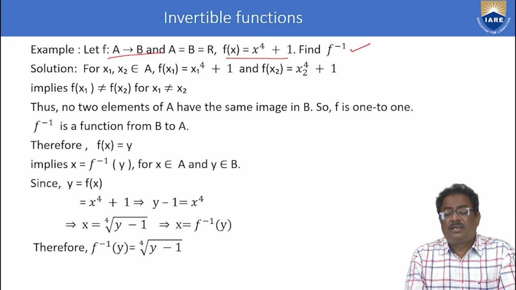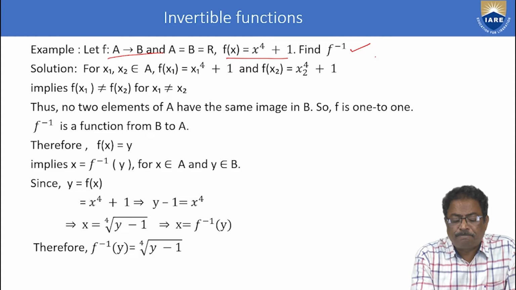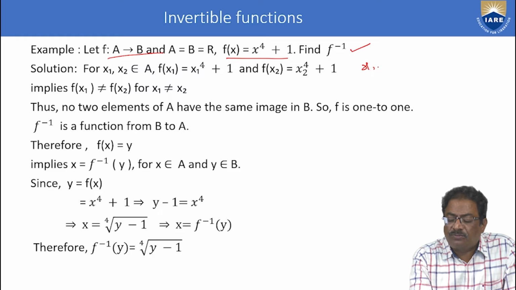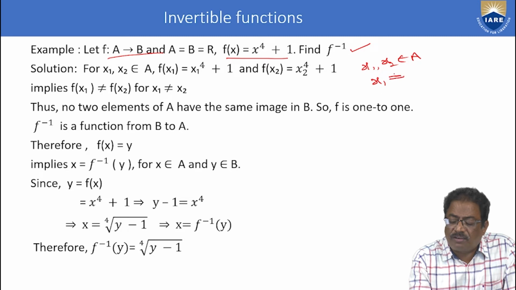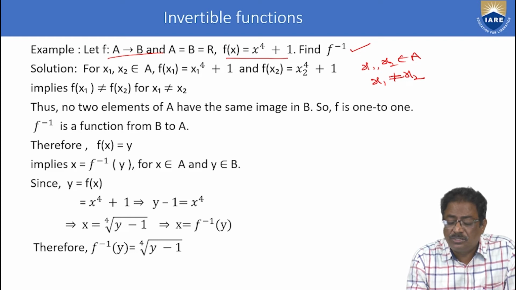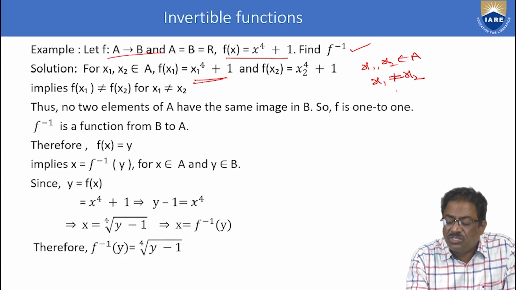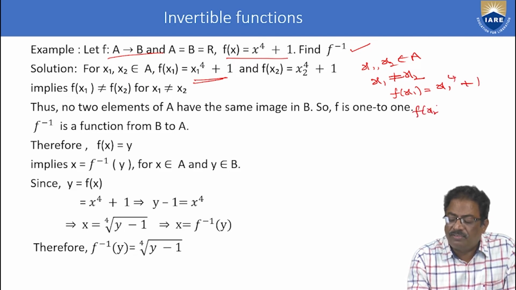For that, let us take any two elements x1, x2 belonging to A. If x1 is not equal to x2, then f of x1, substituting x equals x1, is x1 to the power 4 plus 1, and f of x2 is x2 to the power 4 plus 1.